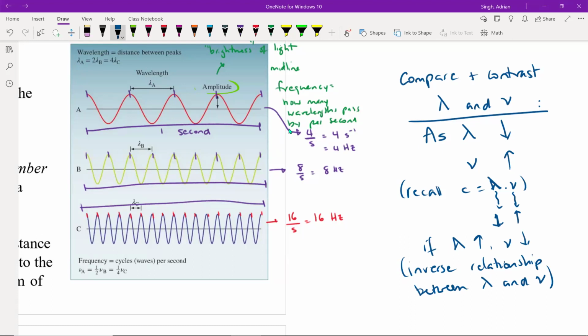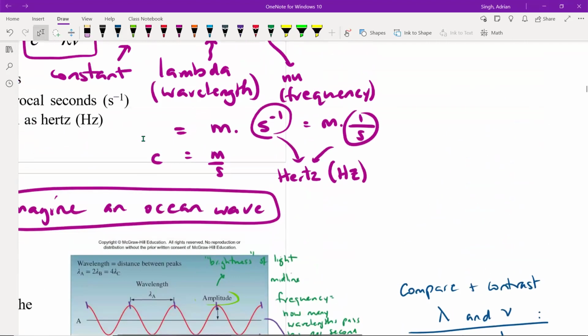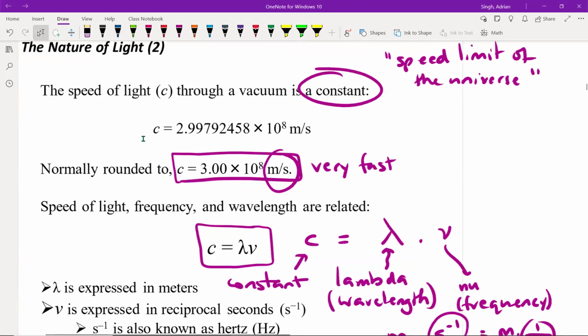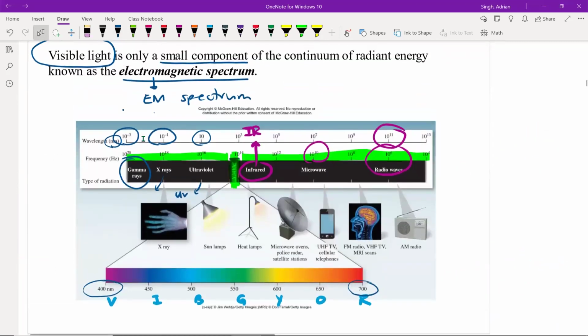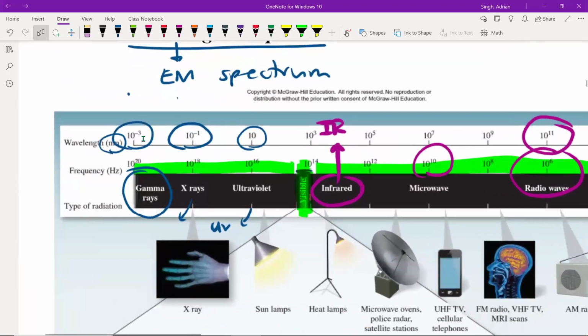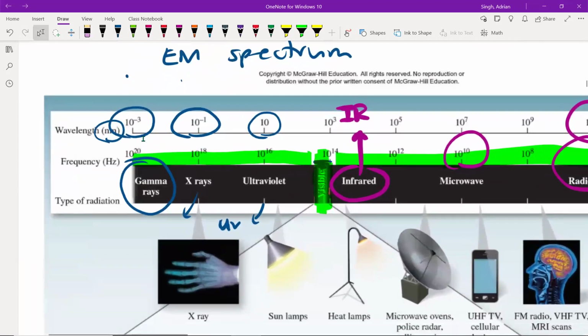Okay, and if you were looking closely at our picture above of the electromagnetic spectrum, you probably would have noticed that. So for example, if I look at gamma rays that have a wavelength of 10 to the negative 3 nanometers, right? So this is a very, very, very small wavelength, so small lambda. What about our frequency?